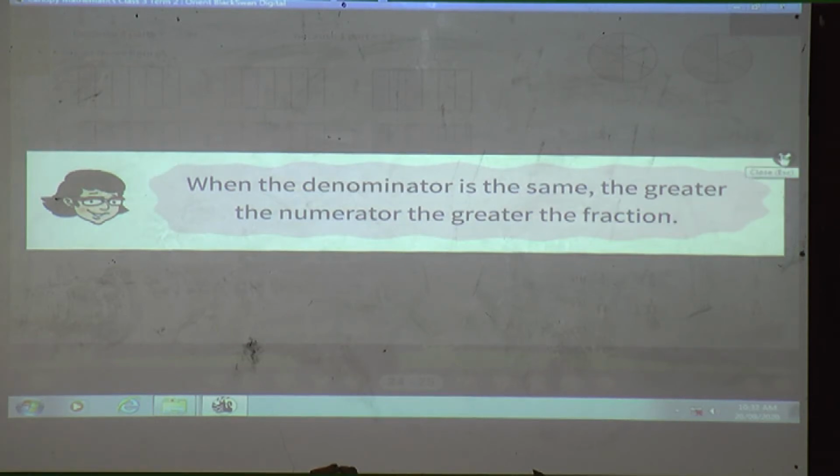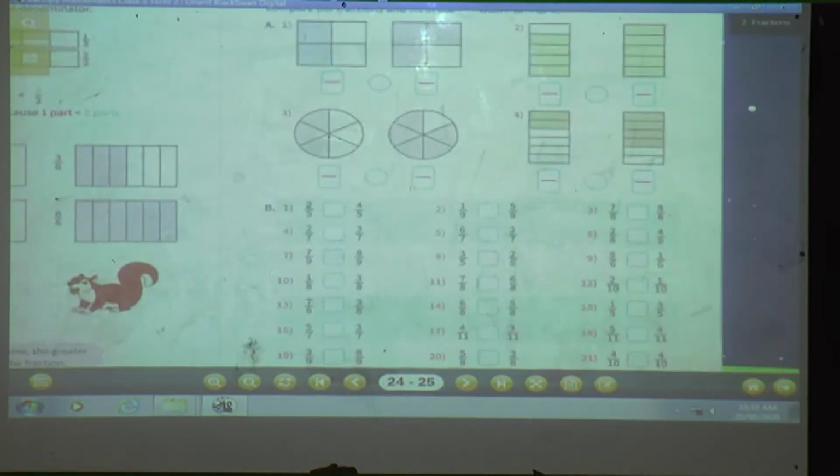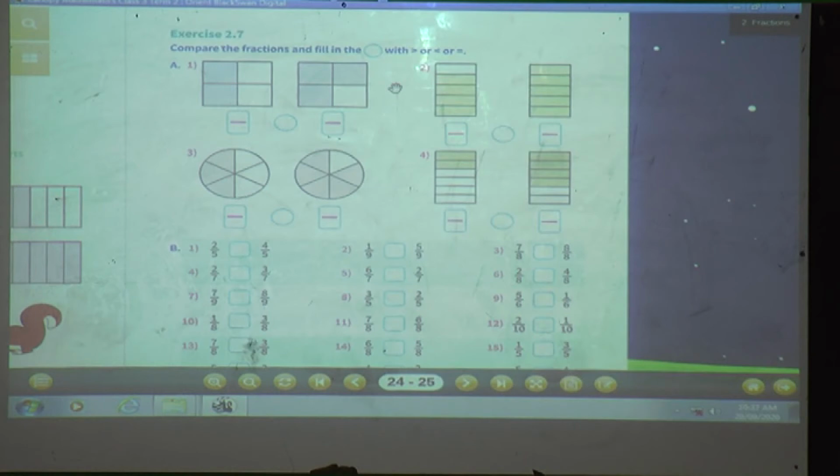If the denominator is the same, we have to see only the numerator part. Clear? Now we'll move to the next exercise, that is 2.7.